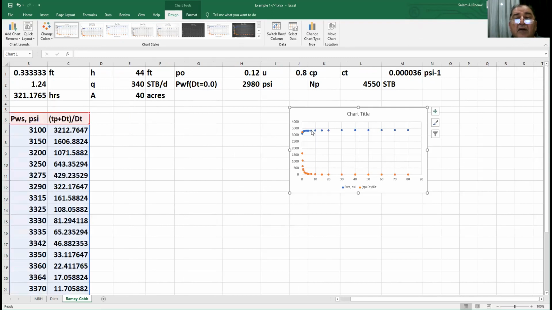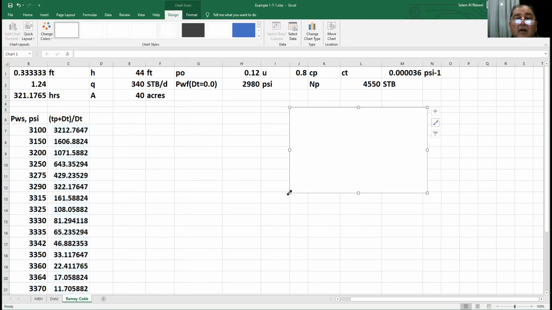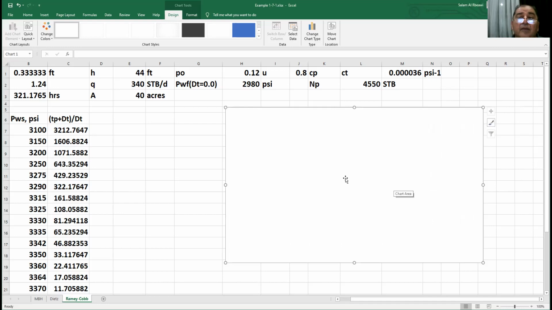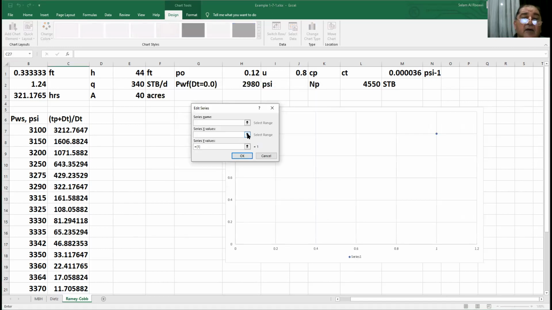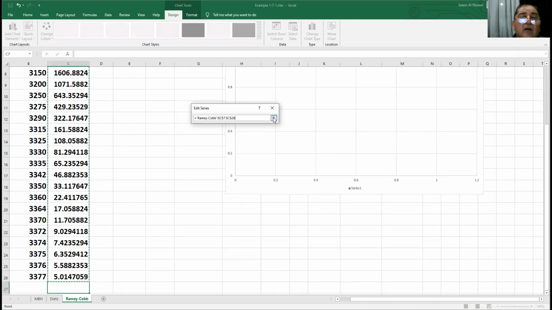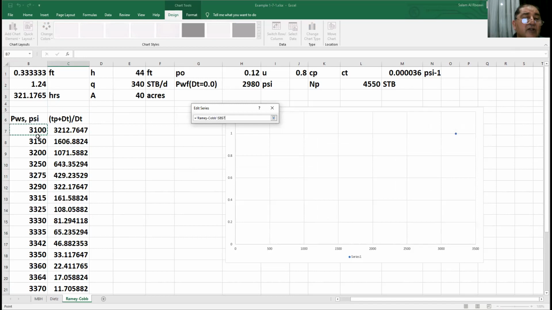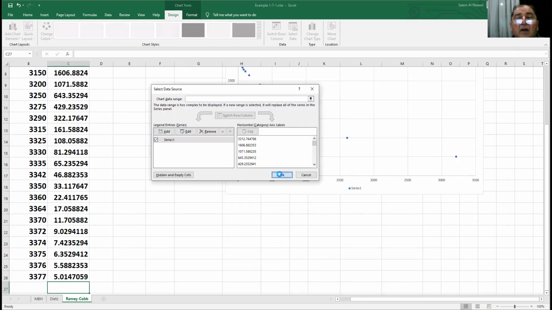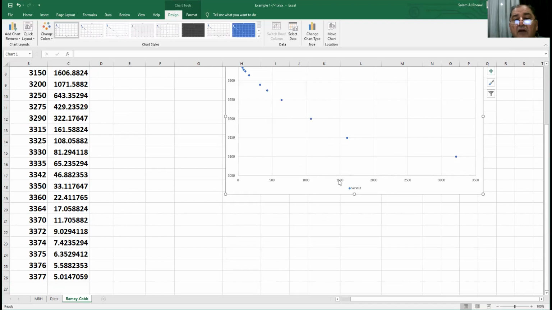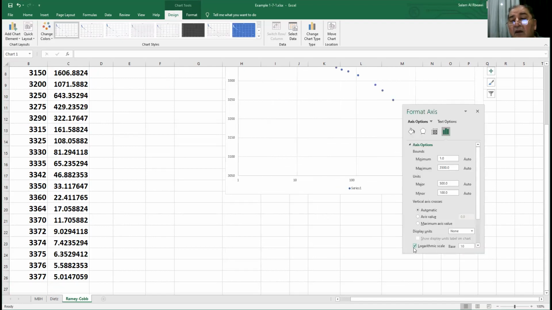Remove the old data. Make it bigger. Select data. This is your time, and here is your pressure. And this would be a logarithmic scale. Good.